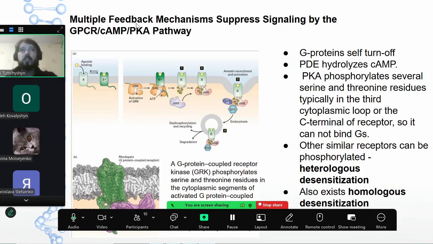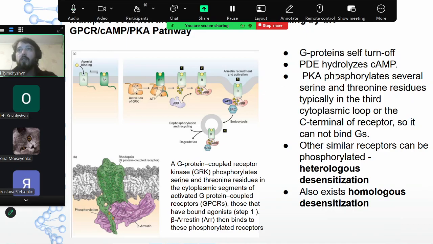Here are examples of multiple feedback mechanisms that suppress signaling by GPCR. I'm not sure if I will get into that. G proteins, I showed you, turn themselves off. You know that PDE hydrolyzes cAMP, so the synthesized cAMP will be destroyed by phosphodiesterase, so it's not forever. PKA phosphorylates several serine and threonine residues, typically in the third cytoplasmic loop or the C-terminal of receptors, so they can no longer bind Gs, and at some point the receptor is turned off.